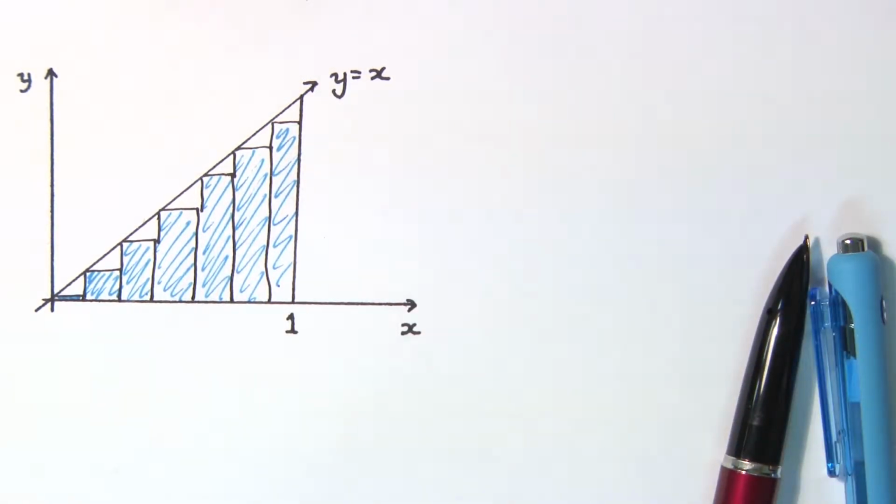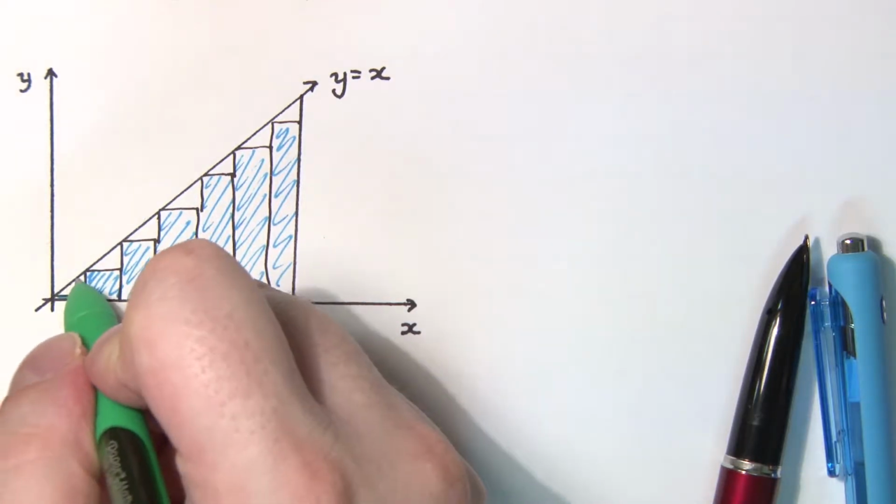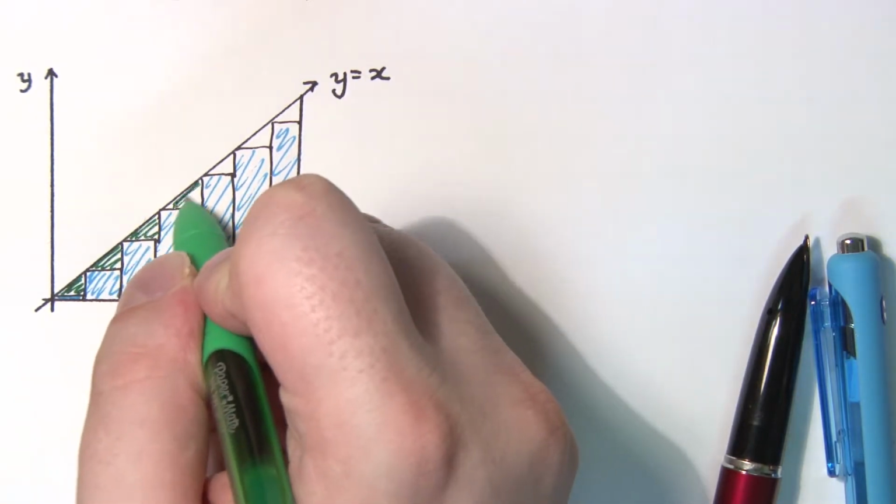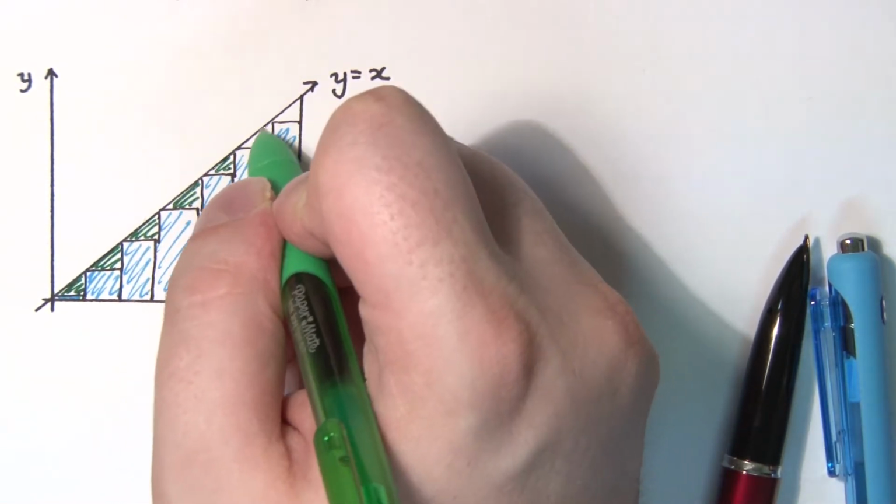Okay, so we can approximate that. So let's say there's n many, but you're thinking to yourself, but I'm missing this area here. So it's not going to be a very accurate approximation.